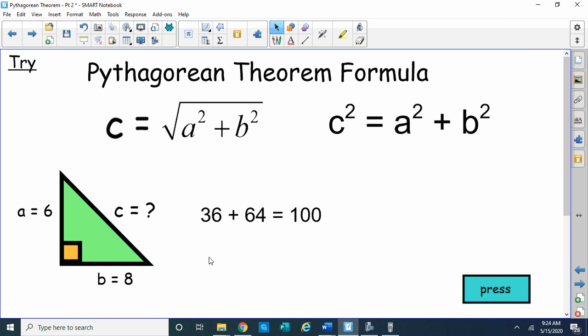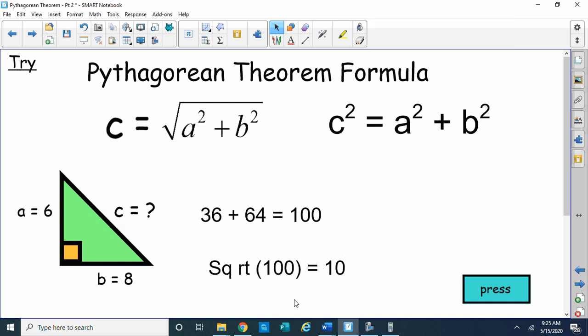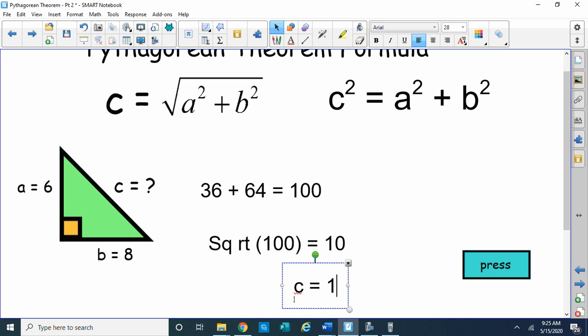So now all I need to do is find the square root of 100, and that'll equal my answer of 10. So C is equal to 10.